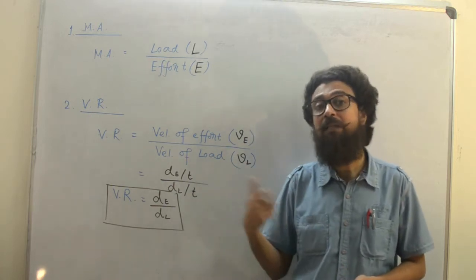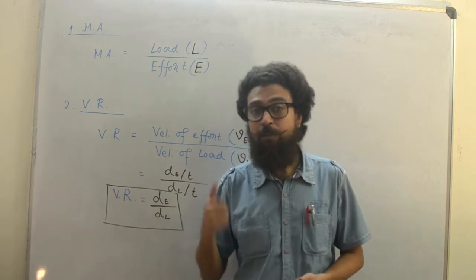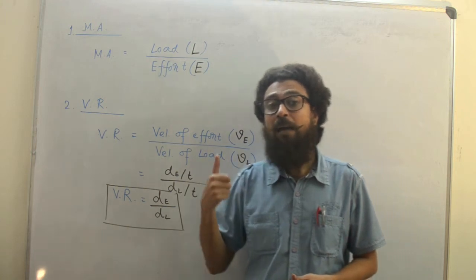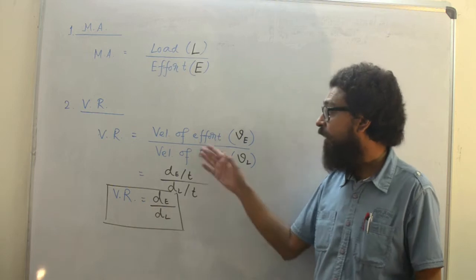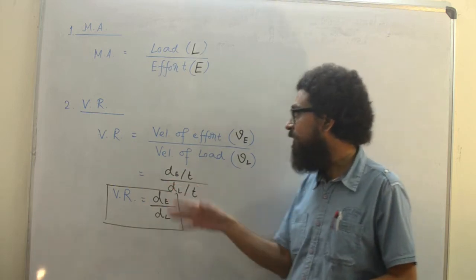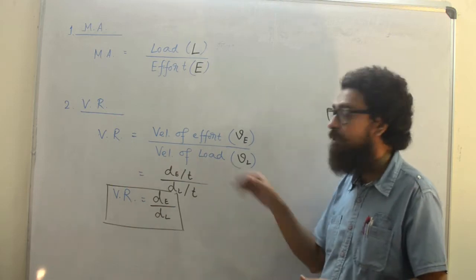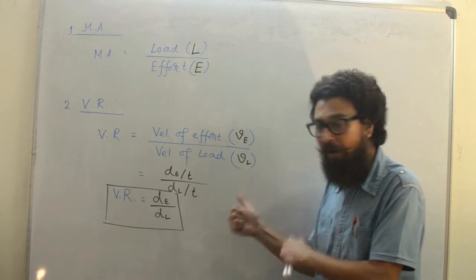It is a speed multiplier, it is also a force multiplier. Through a machine we can gain speed, and we can gain the ability to lift a large load using a small effort. So velocity ratio tells us the velocity of effort and the velocity of load. This is what we define.